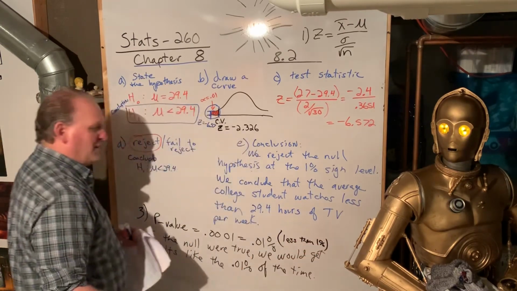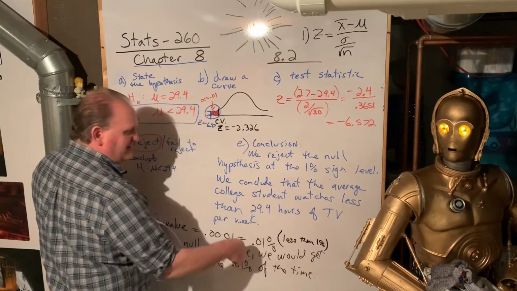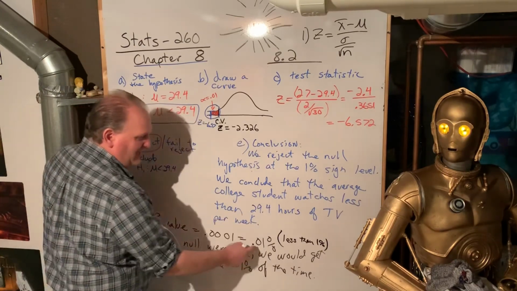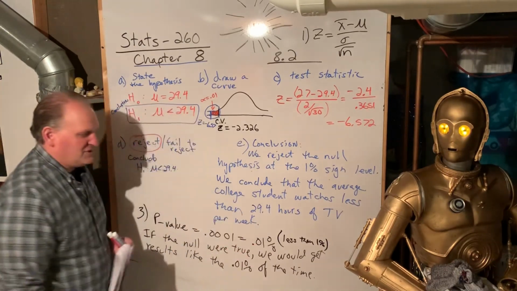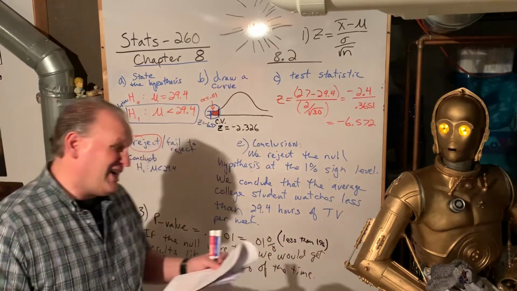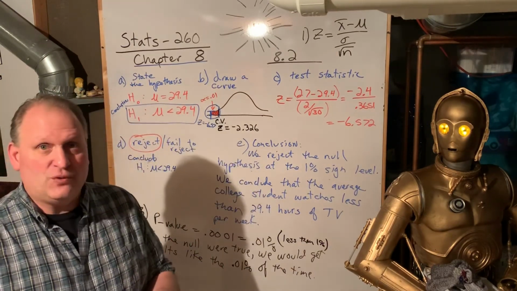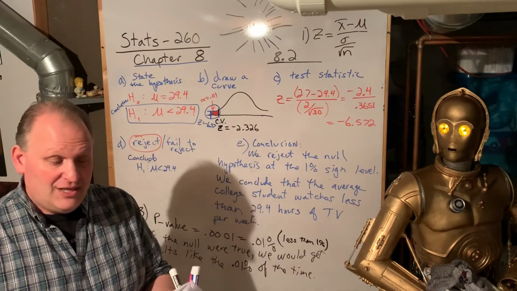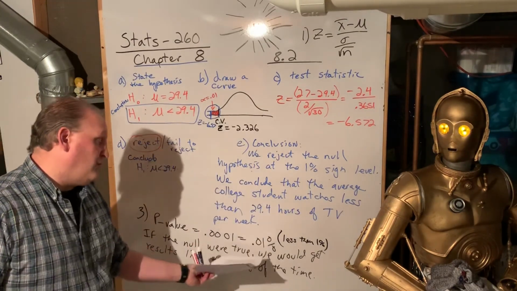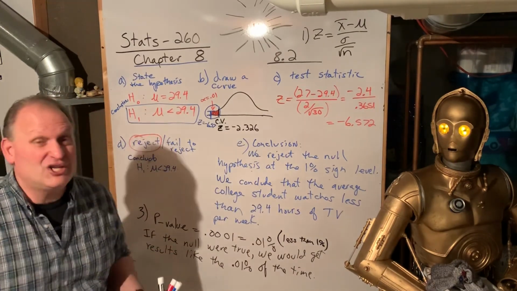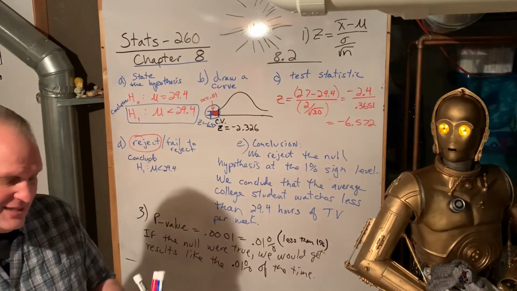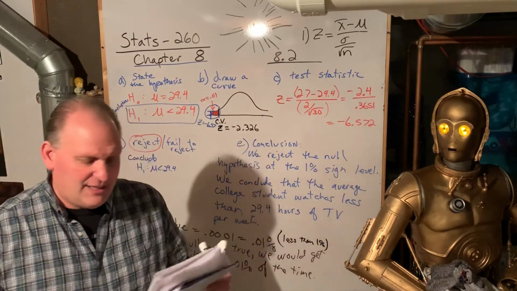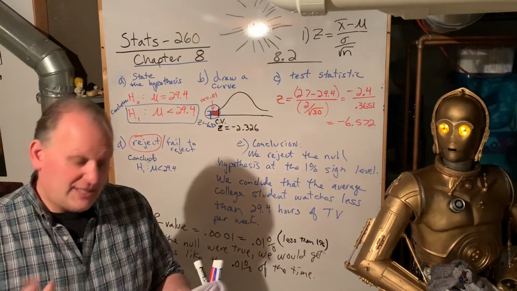Because when it's really small percent like that, a lot of people in the general public, when they see that, they still just see 1%. They don't see 1/100th of a percent. If you want to stress that it's less than 1, you can put it as a fraction, 1/100th of a percent. That's really unlikely that the null is true then.